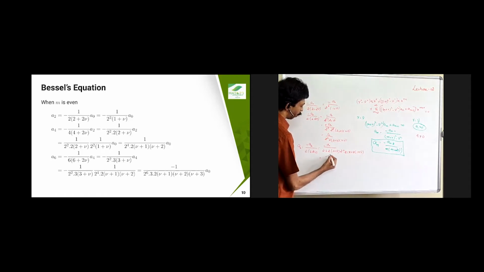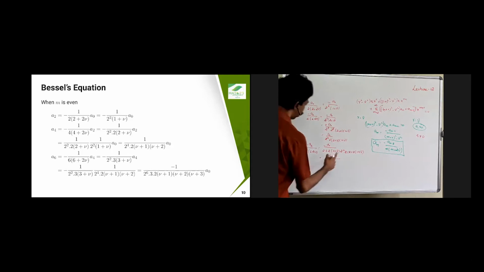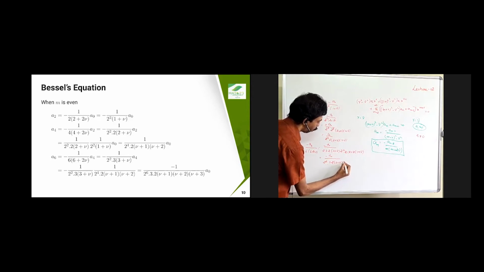So this becomes minus a0 divided by 2 power 6 into 3 into 2 into (3 plus nu)(2 plus nu)(1 plus nu).